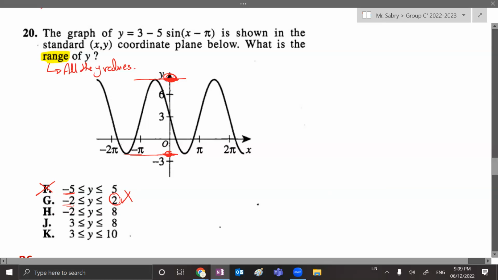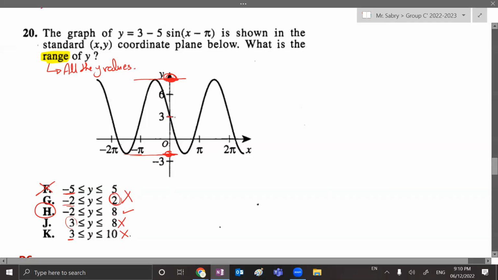This could be 8. So I leave it for now and say this could be possible. I'll see the rest of the choices. It says from positive 3 to 8. No, it started at negative 2, so that doesn't work. K also doesn't work because it started from 3. So H is definitely the only correct answer.